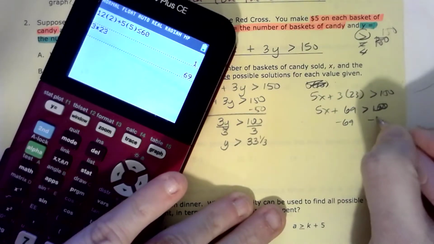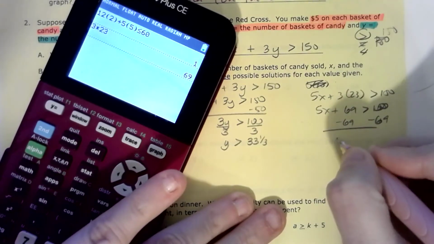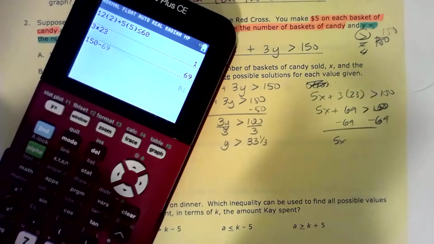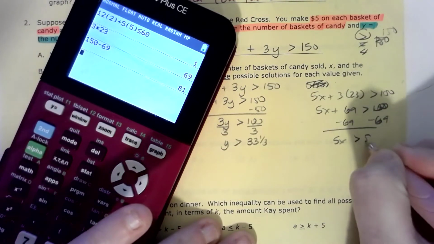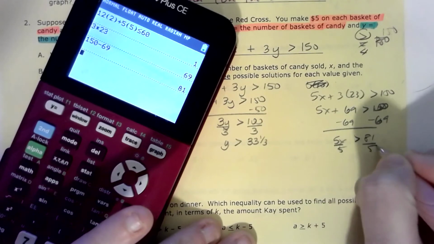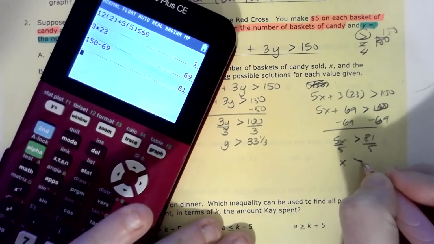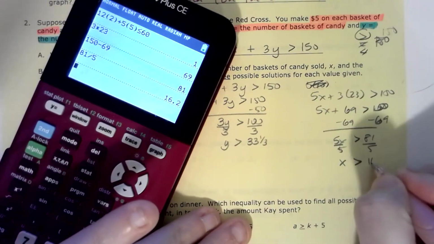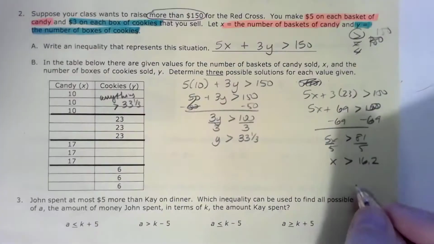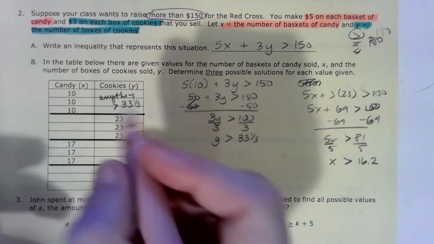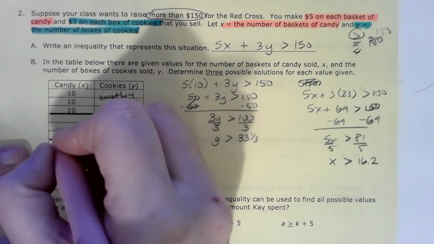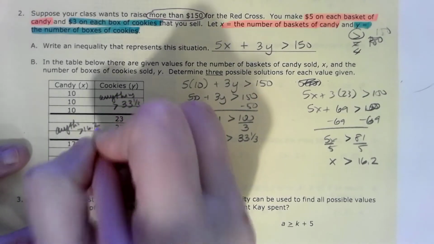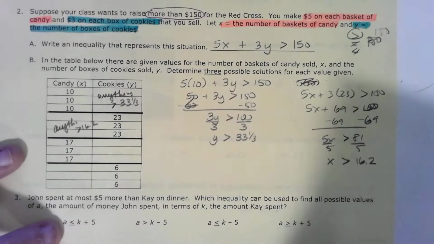Minus 69 minus 69. 5x, 150 minus 69 is 81, greater than 81. Divided both sides by 5, I get x greater than 16.2. So again, here we're going to put anything bigger than 16.2.